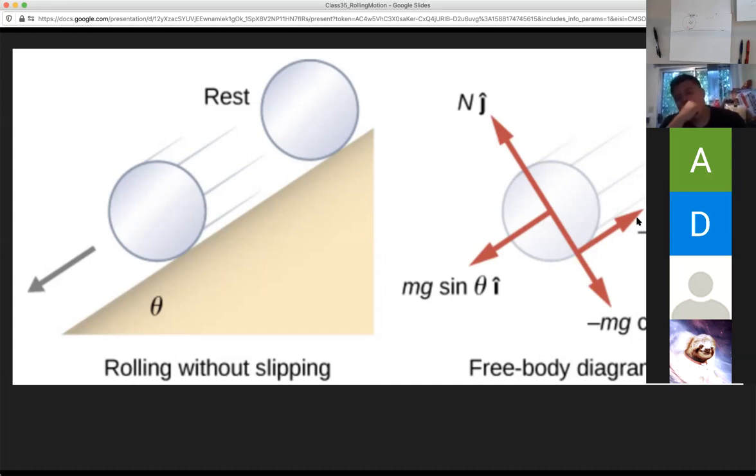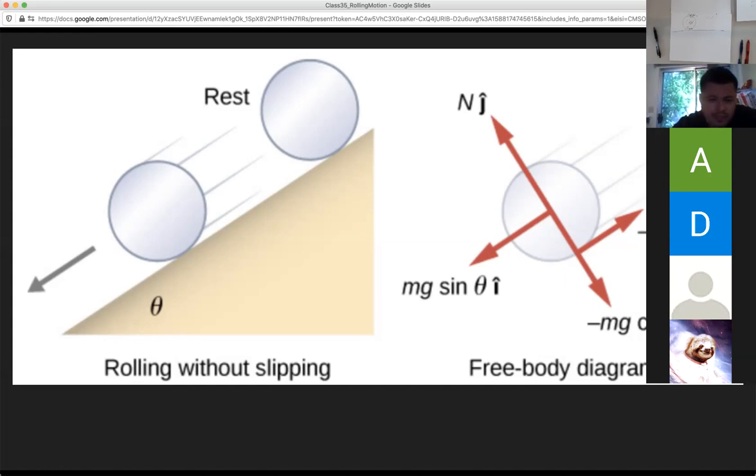What's that? What's this lovely little force right here? Friction? It's friction. And it's acting where the ball touches the ramp, which means that it produces what? In addition to a force, there's also a what associated with it?